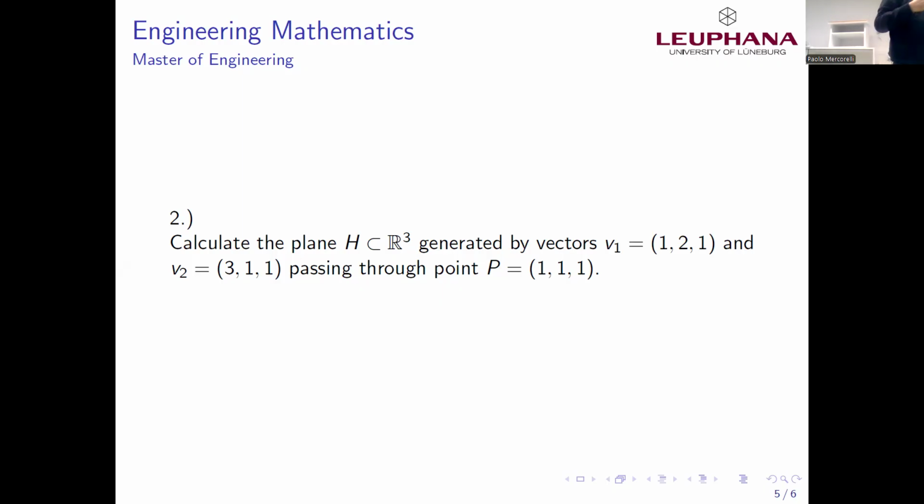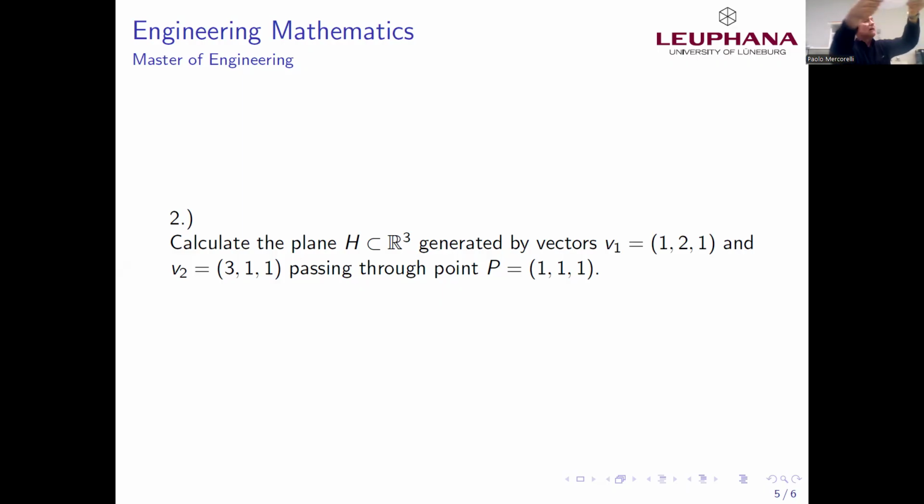But of course, it's not enough to define totally a plane, because I can consider the orientation. If I have these two directions, I cannot assume this is our plane. It could be this, this, this, all parallel planes generated by V1 and V2. These directions define infinite possible planes.